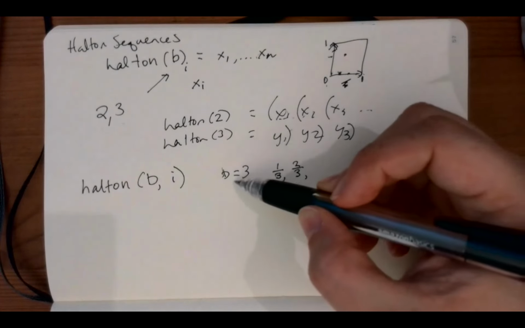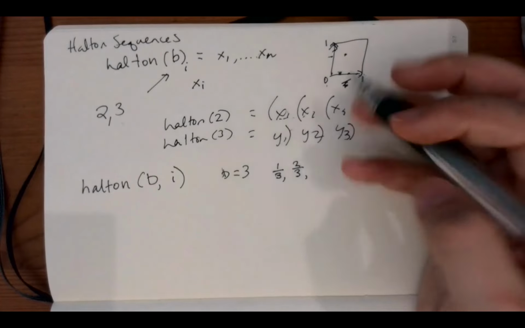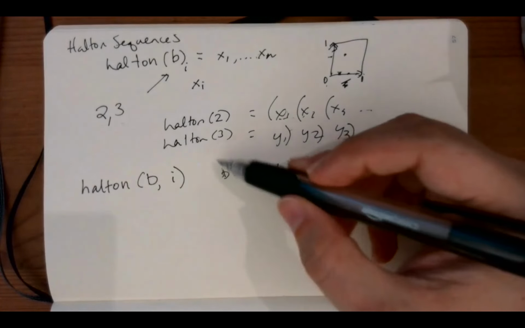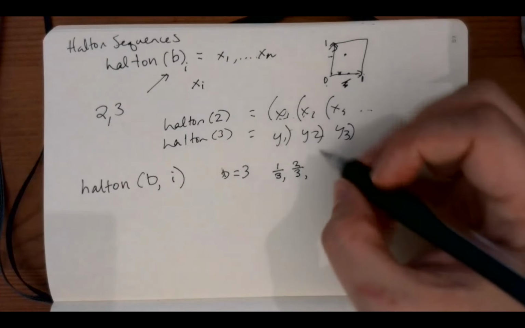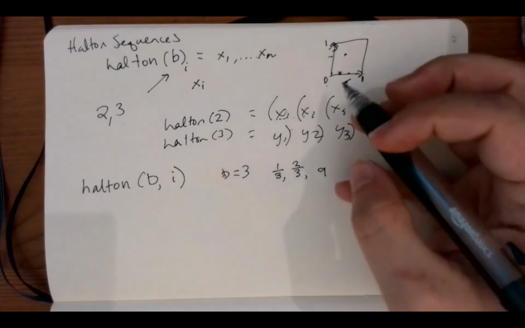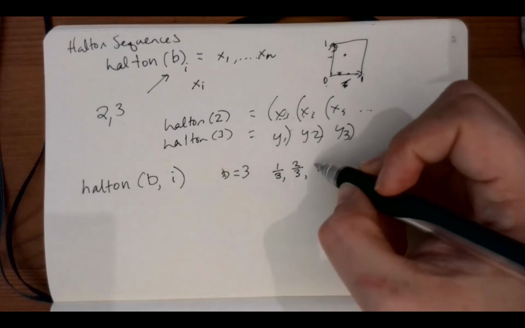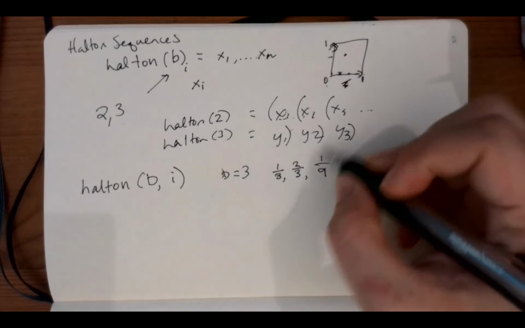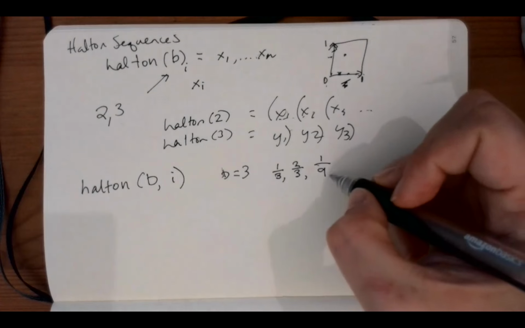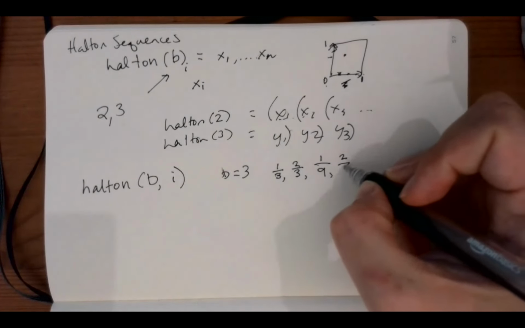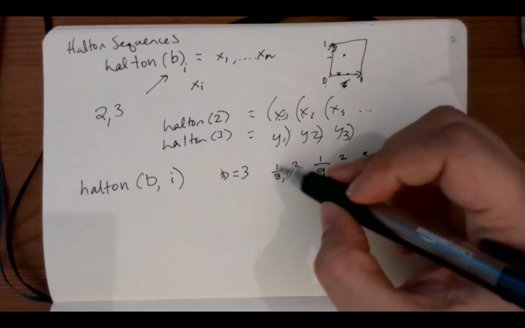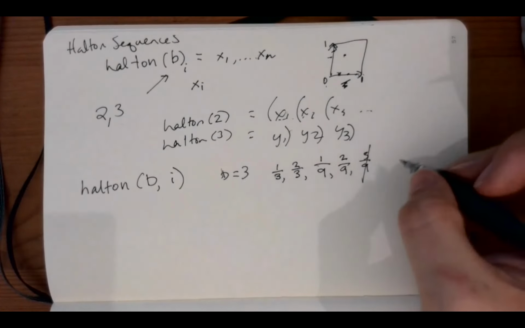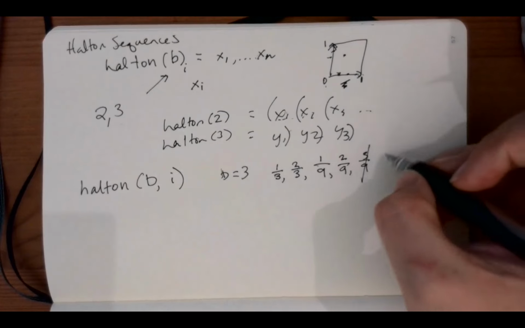Then in the next iteration, we multiply the denominator by the base. The current denominator is 3, so now 9 is going to be our denominator, and we start with 1/9 and keep going up in increments of 1/9. So we have 1/9, 2/9. We might have 3/9, but that's actually the same as 1/3, so we already have that one and we don't include it.